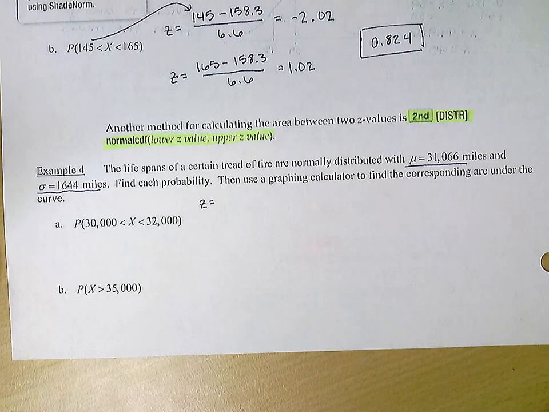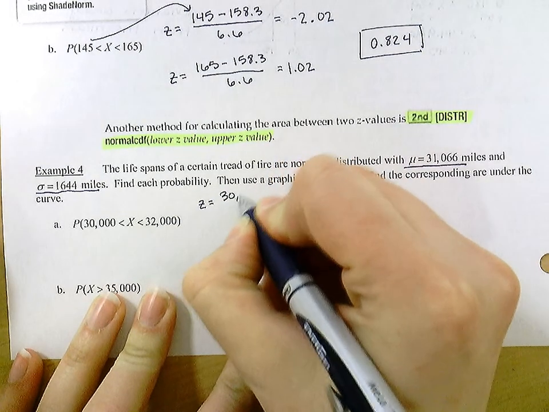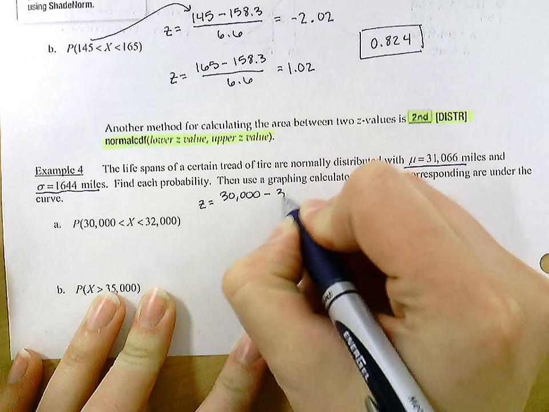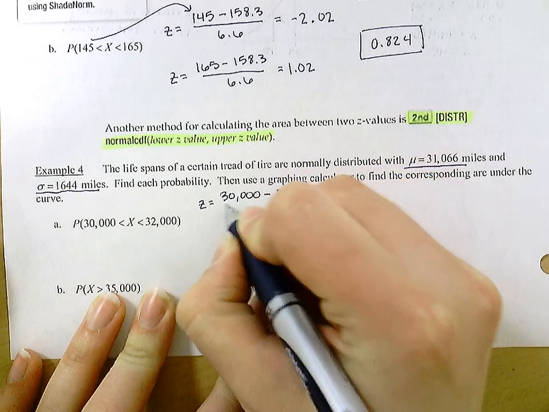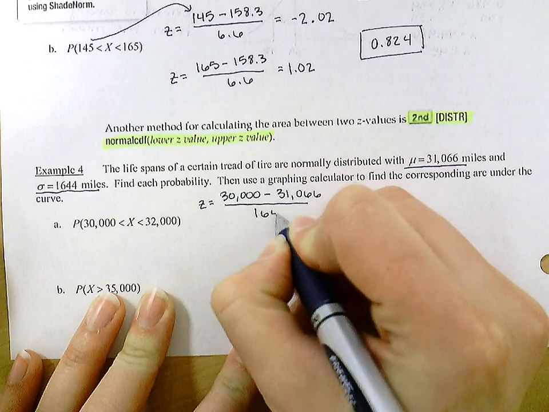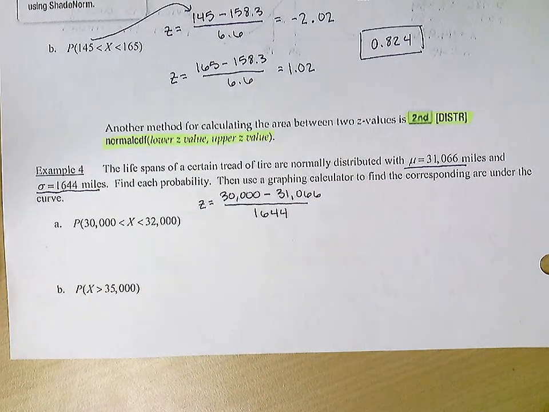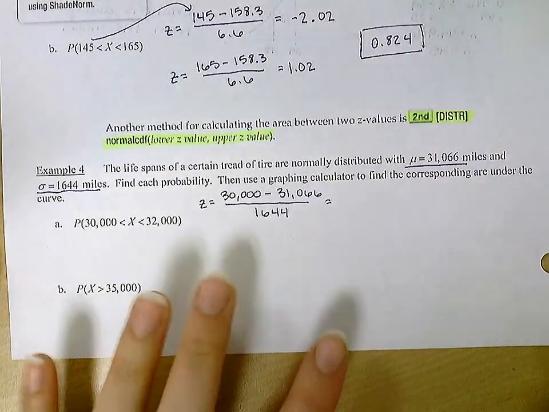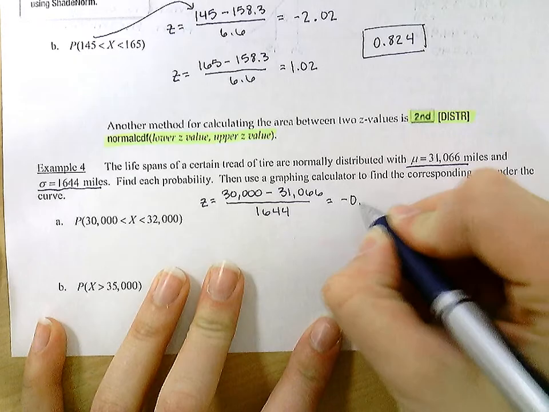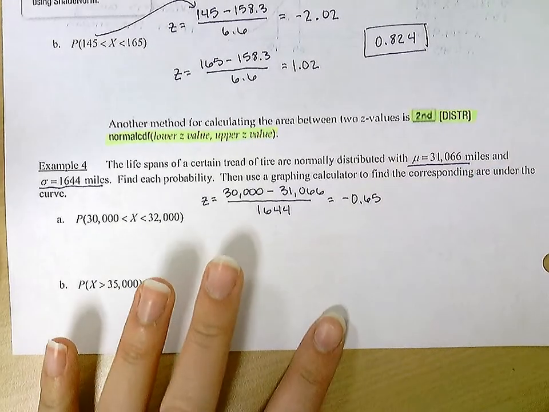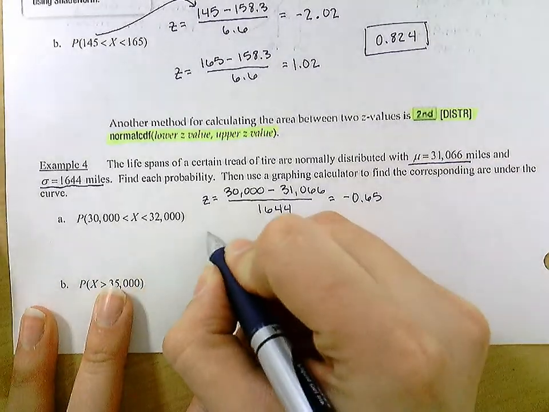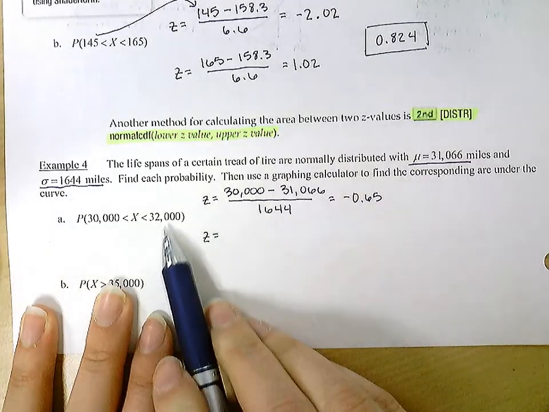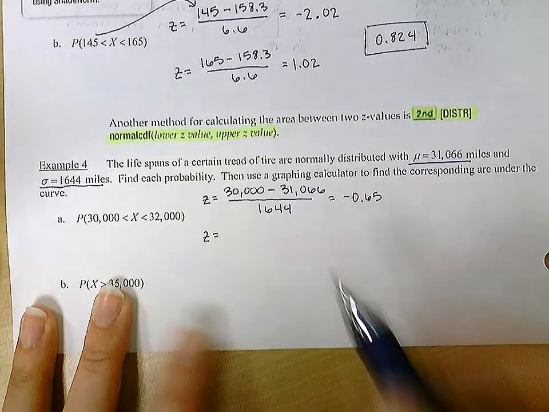So how would I set this one up? 30,000 minus 31,066 over 1,644. Yes. Okay, so that's that first x value. You just enter that into your calculator. I got negative 0.65. And then I want to do the same thing with the second x value there.